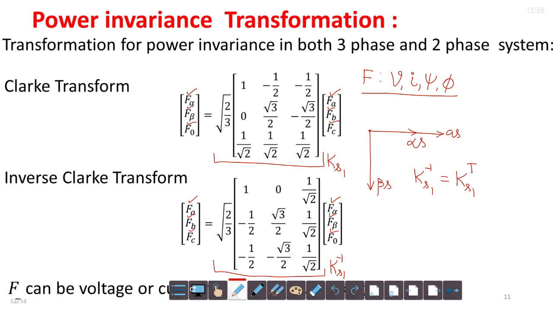The inverse of the transformation matrix is the transpose of the same matrix. Ks1 transpose is the inverse of the matrix. That is the advantage. Here power remains invariant and only the multiplier is different. The only difference is in the multiplier, which is root 2 by 3, and it is the same in both the transformation matrices. So, that is the advantage of the power invariant transformation.